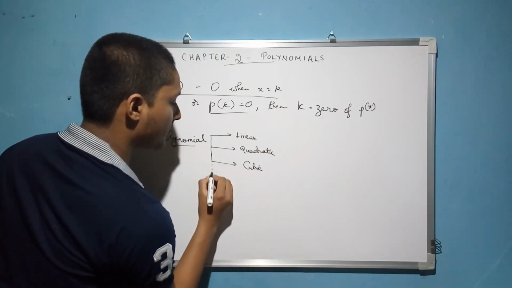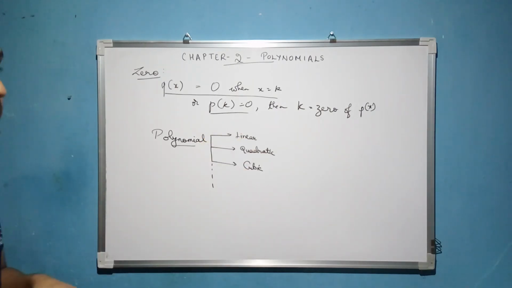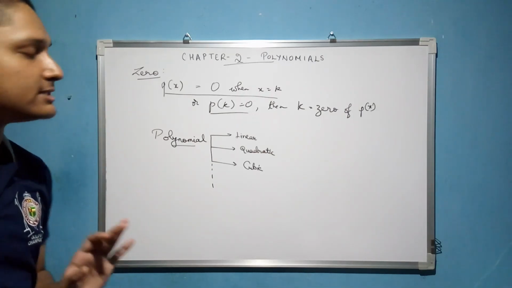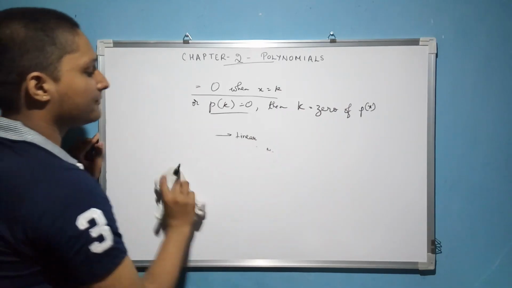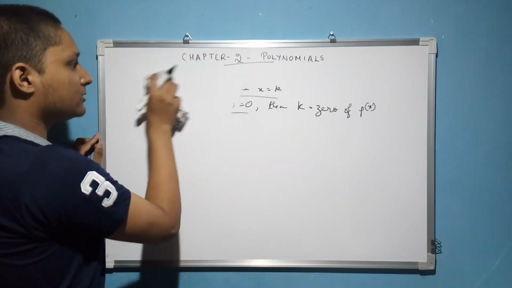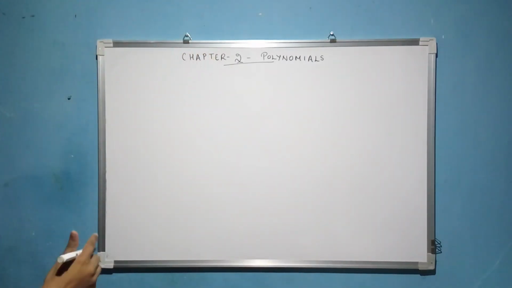And so on. You have so many things. So we are only dealing with the first two mainly. The third one is a little bit, you can only know that. So you understood what is the meaning of the zero of a polynomial. Now we are going to have it with the different types of polynomials, that is linear, quadratic. You are going to find how you find the zero of that.